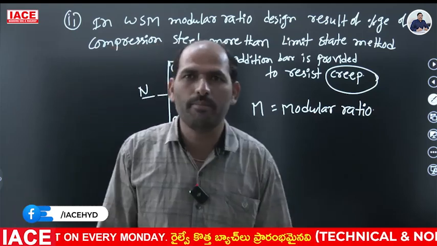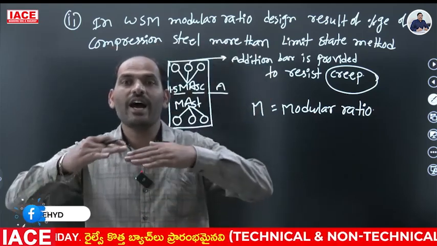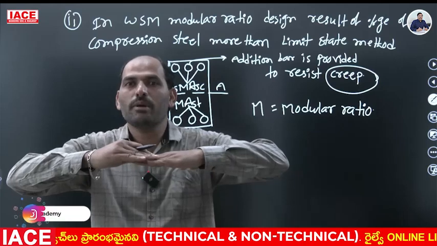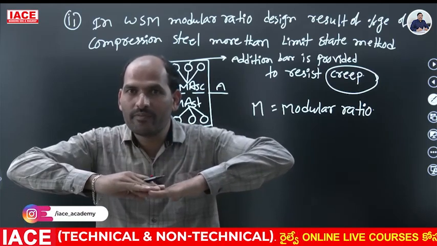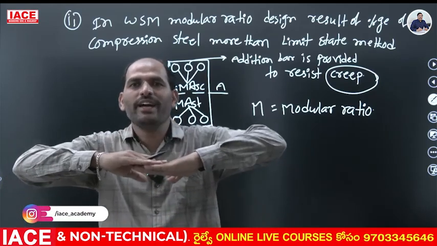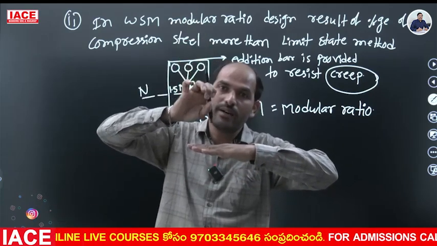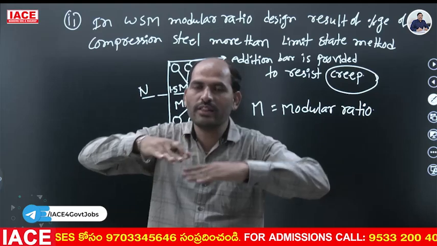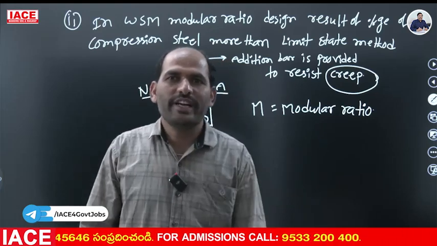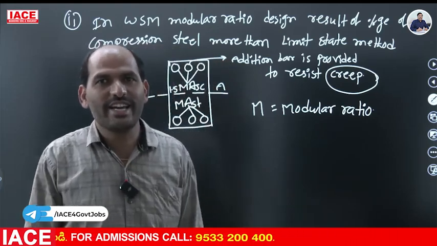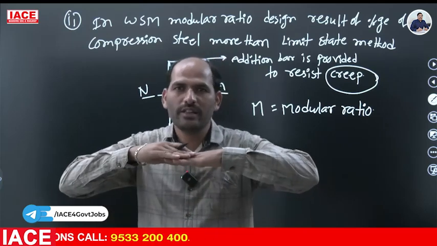So what is creep? A sustained or long-term load is applied on the member, and it will bend due to the sustained or long-term load applied on the member. That is called creep.